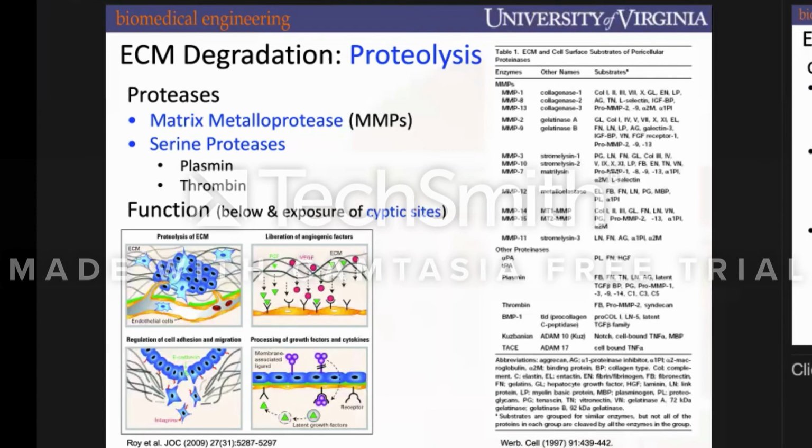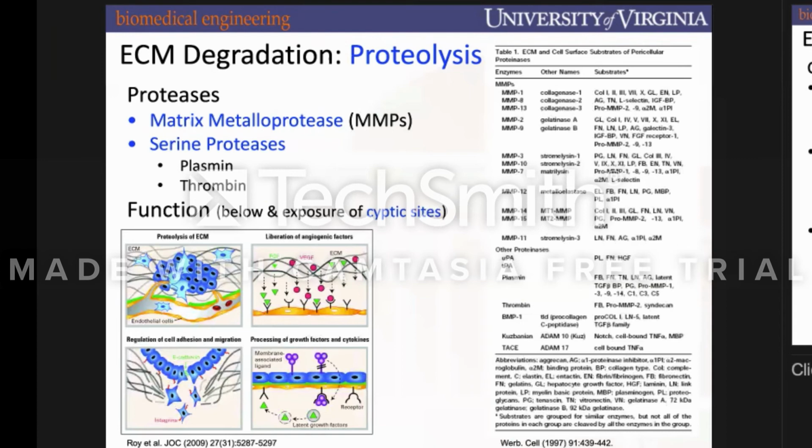And we talked about this with laminin last lecture, those exposed cryptic sites are sites that are originally hidden, but then when exposed will elicit a specific process or event. We'll have cell migration and cell adhesion. And again, matrix metalloproteases are also able to take growth factors and re-embed them within the new matrix.